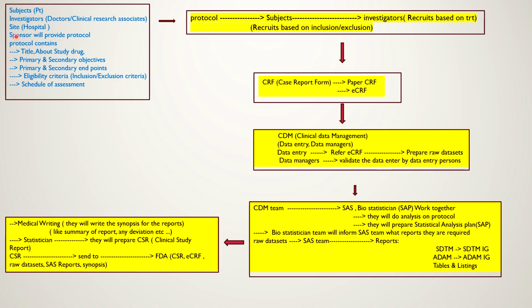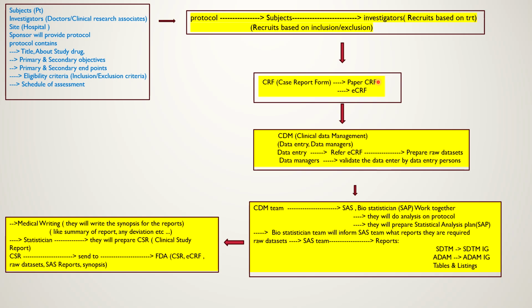Once the protocol is issued, the investigators will start to recruit subjects based on inclusion and exclusion criteria. Once they select the subjects, they will start the treatments. The entire treatment details they will enter in the CRF, either paper CRF or eCRF.